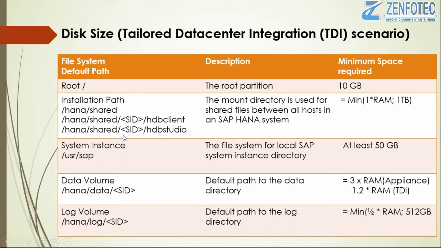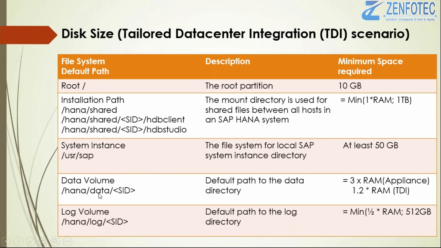Here you will have the HANA clients and some shared files. If you are going with a distributed environment, this HANA shared should be shared across all the nodes. This is your instance directory where your HANA database instance is installed. The minimum is 50 GB, as SAP recommends.